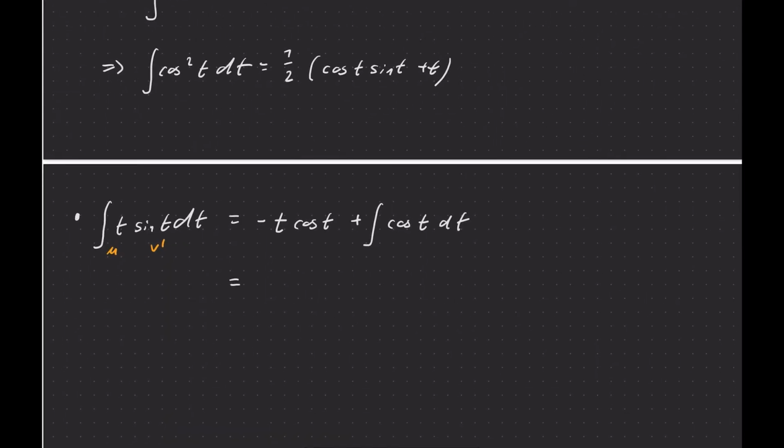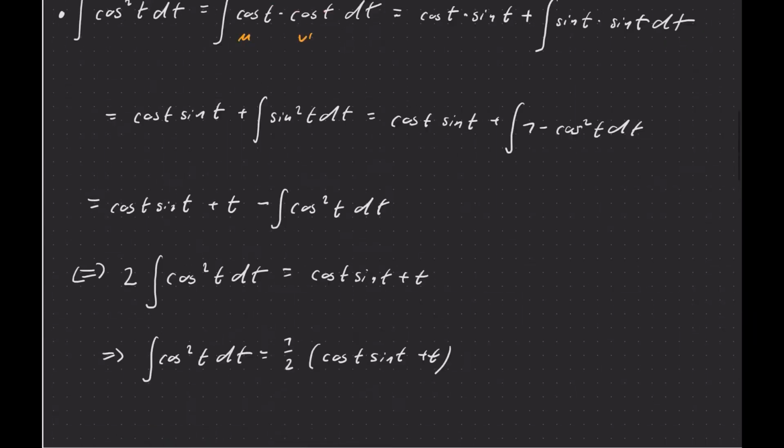And of course integrating the cosine is also not that hard, so we have minus t cosine t plus, and the integral of the cosine is just the sine. Okay, so that's how this second integral is computed.